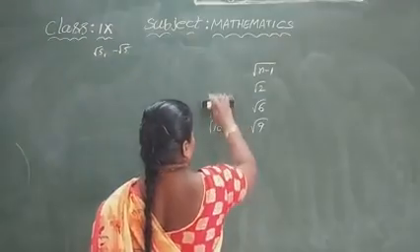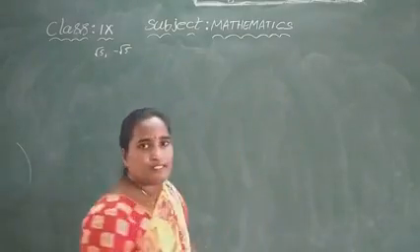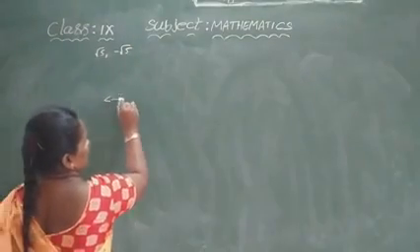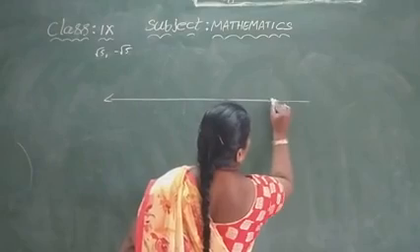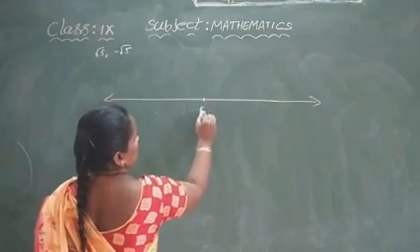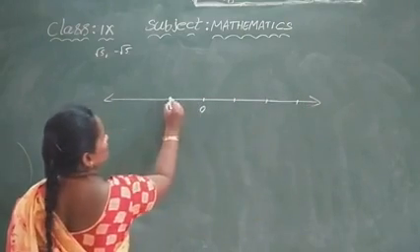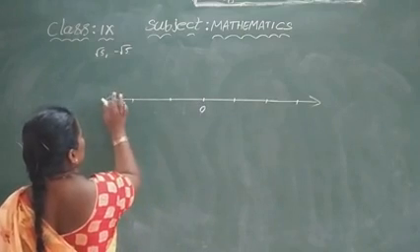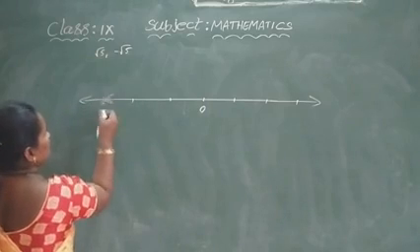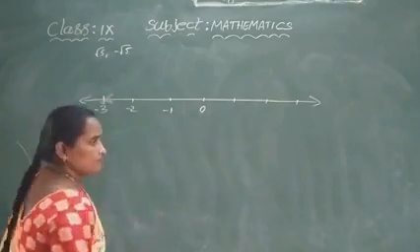So that's why here you take how many units? 2 units. Okay ma? First draw a number line. Draw a number line. 0 and 1, 2, 3. Here also -1, -2 and -3 and so on.